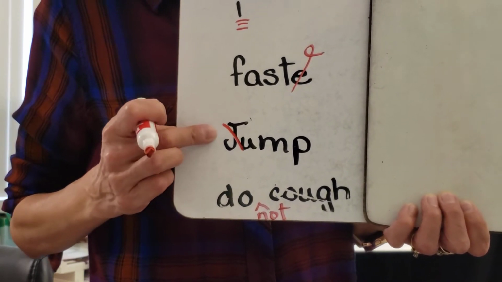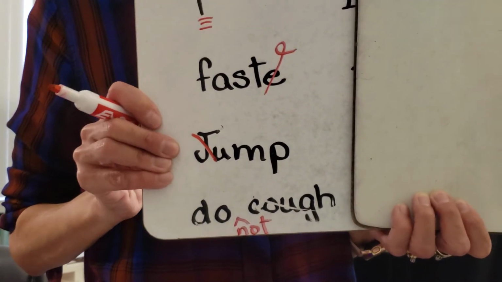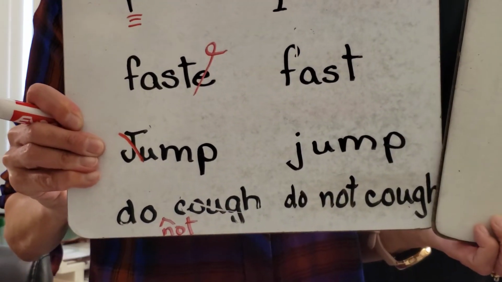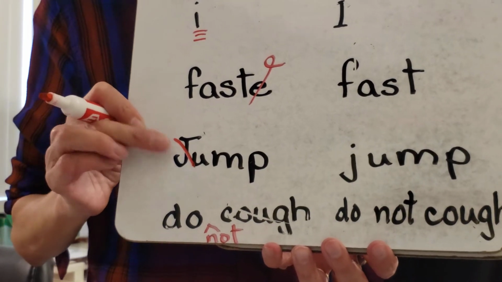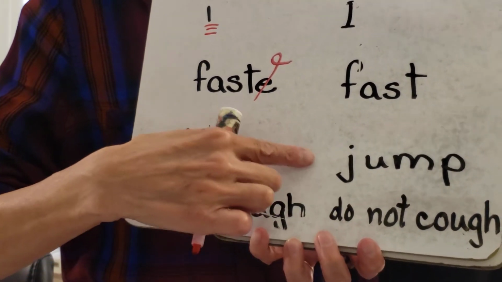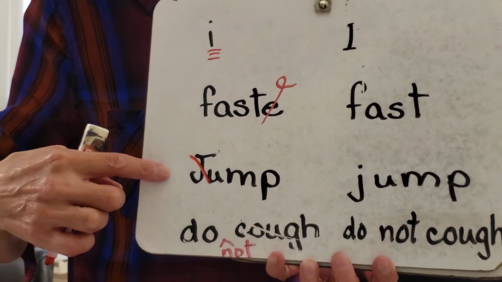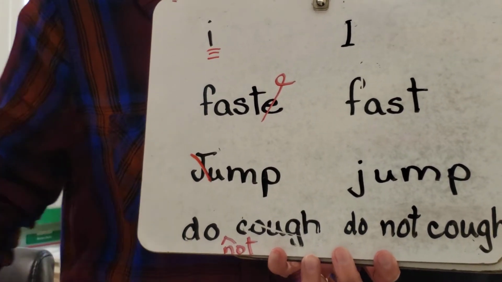That would mean that it should not have been capitalized. When you see this, make sure that you uncapitalize whatever letter has been capitalized. This is the corrected form. This is the incorrect form that has the editing mark on it.